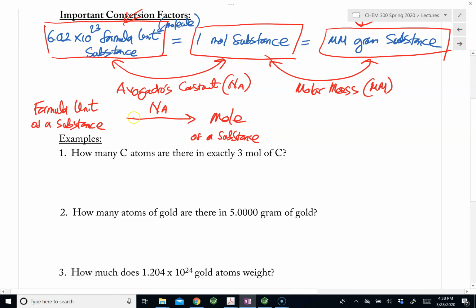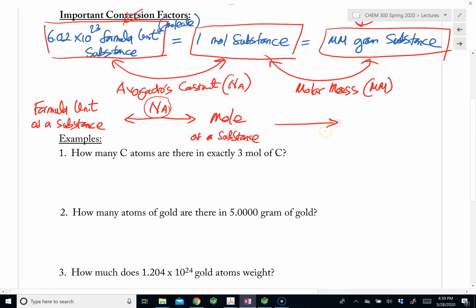And of course, we can go from formula unit to mole, or vice versa, from mole back down to formula unit, depending on which unit is on the numerator and which one is on the denominator when we set up the Avogadro constant as the conversion factor.